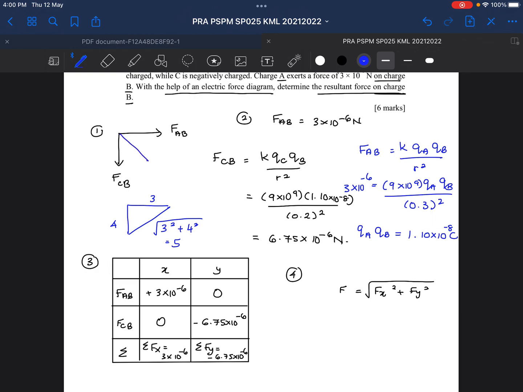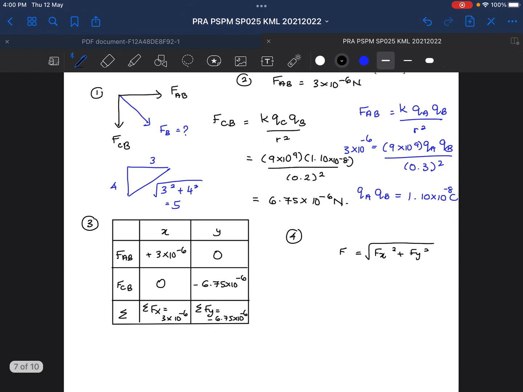So I want to find berapa total force on B dekat sini lah. So using theorem Pythagoras. So Miss pun masukkanlah nilai dia. And then you get your answer to be 7.39 × 10^-6 N.